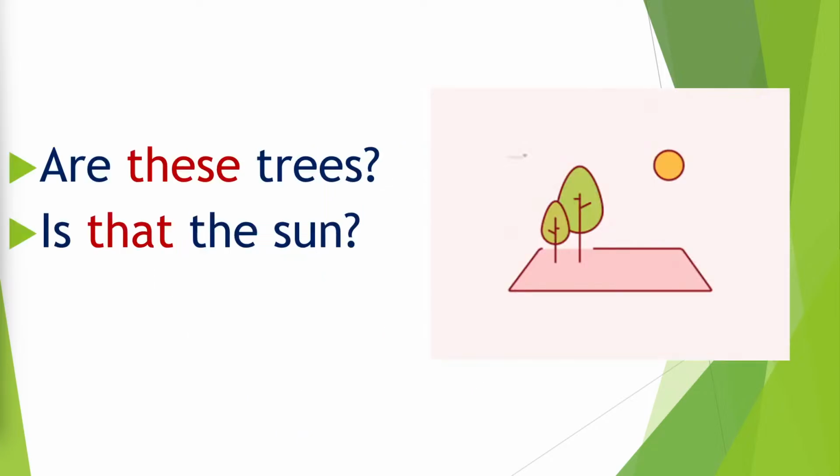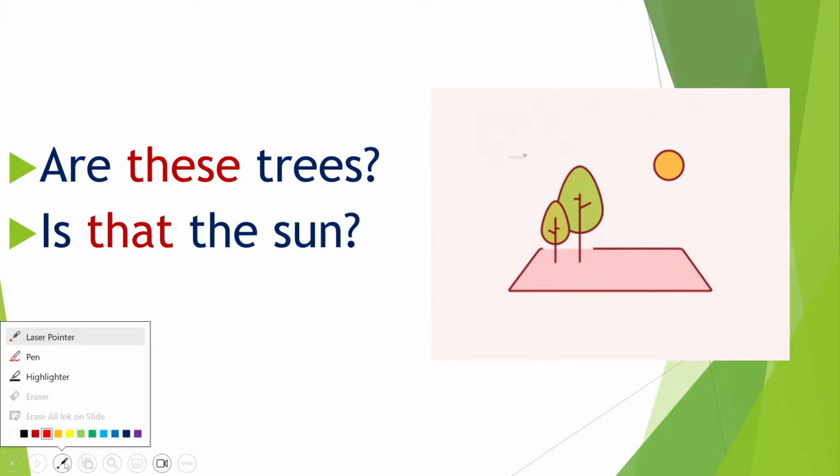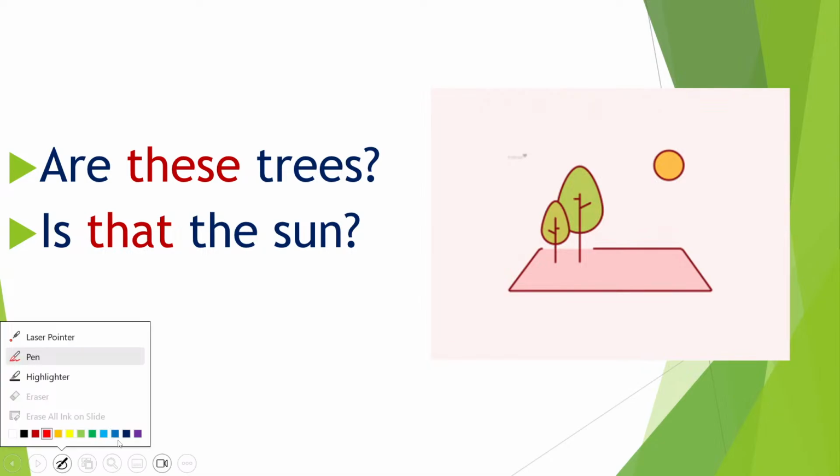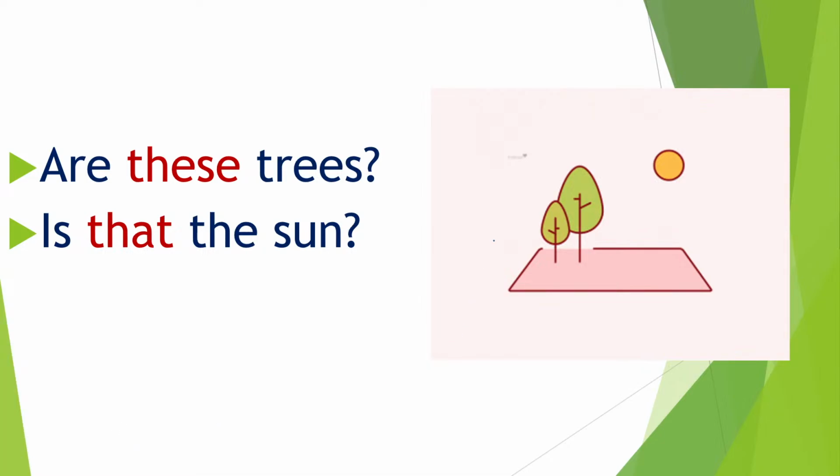So let's take a look at this. Are these trees? Is that the sun? So, are these trees? Let's say that I'm here. Let me draw myself here and let me change the color. Let's go with blue. Let's say that I'm here. This is me.